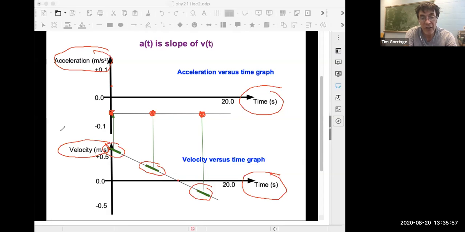But acceleration is not necessarily constant in one-dimensional or two-dimensional motion. That's a really good point, that I picked an example that involved constant acceleration, but there are plenty of examples that don't. So that was a great question, actually.